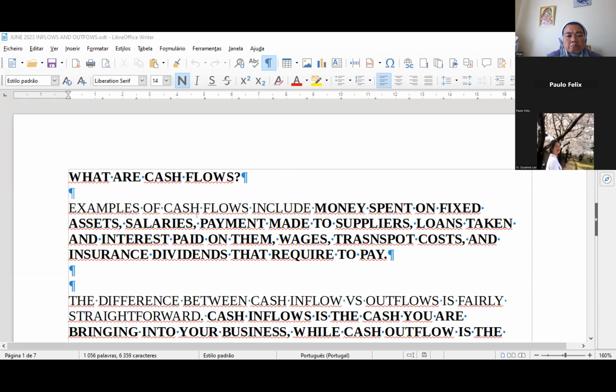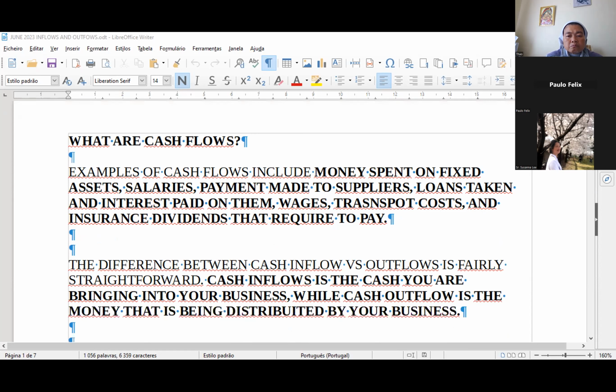Examples of cash flows include money spent on fixed assets, salaries, payments made to suppliers, loans taken and interest paid on them, wages, transport costs, and insurance dividends that are required to be paid.